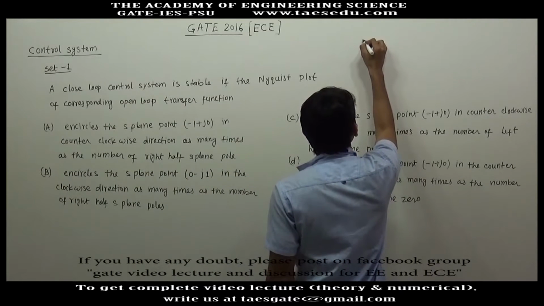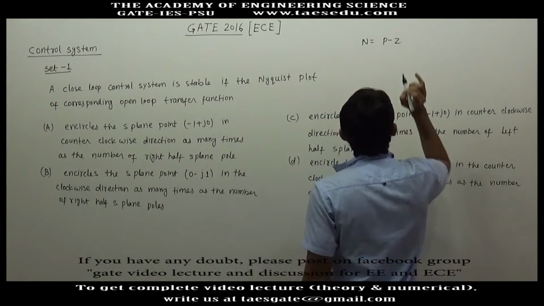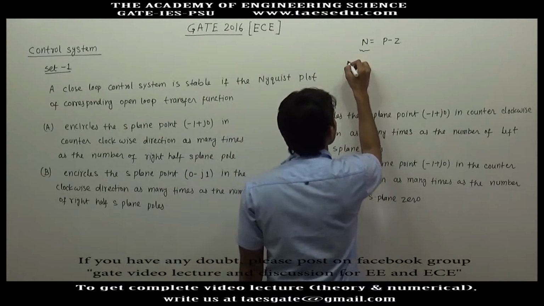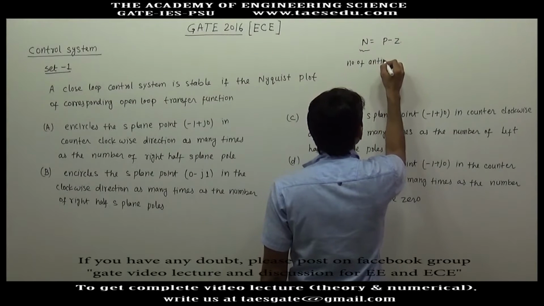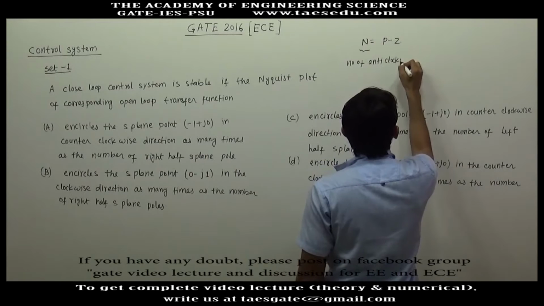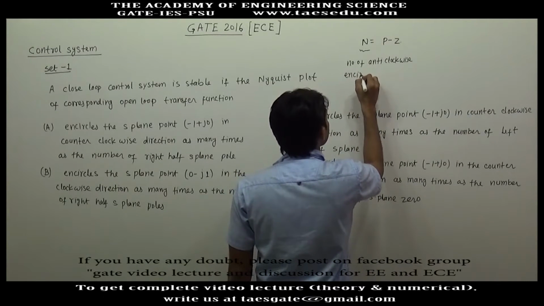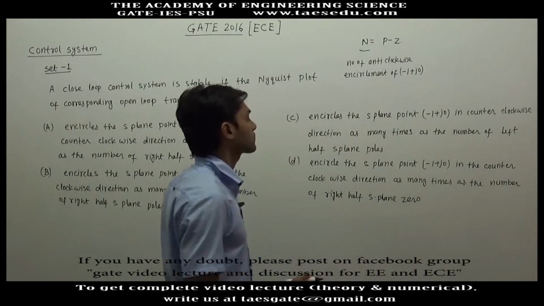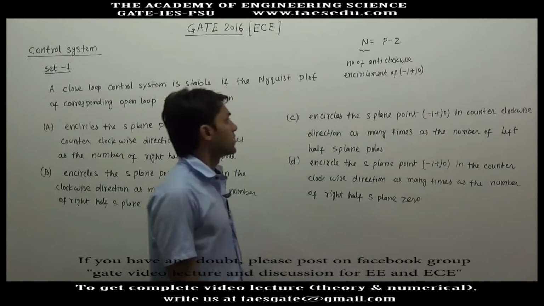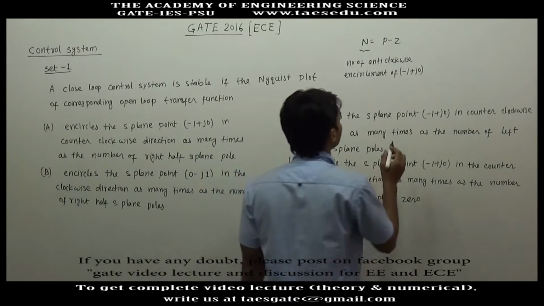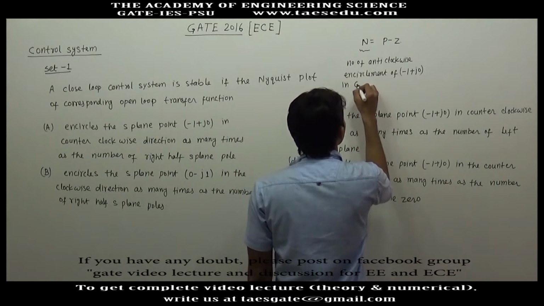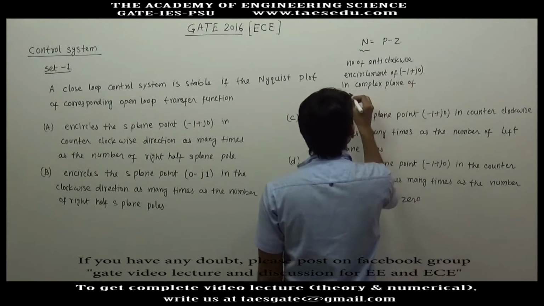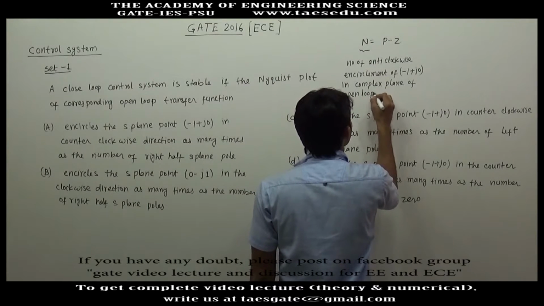We write this formula: N is equal to P minus Z, where N is the number of anti-clockwise encirclements of -1 plus j0 in the complex plane of the open loop system, the open loop transfer function.